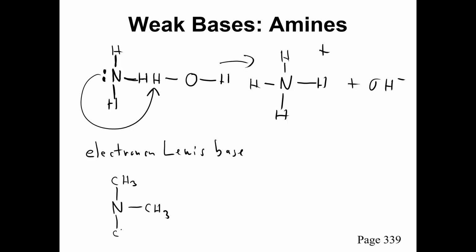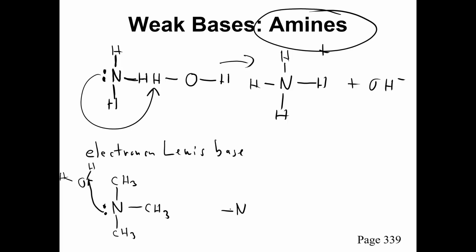As long as that nitrogen still has a lone pair of electrons, it can do the very same thing that ammonia did. All of these nitrogen-based bases are called amines. They will rip that hydrogen off and form trimethyl ammonium. So these make ammonium salts, all right?